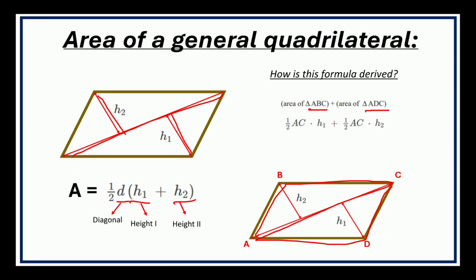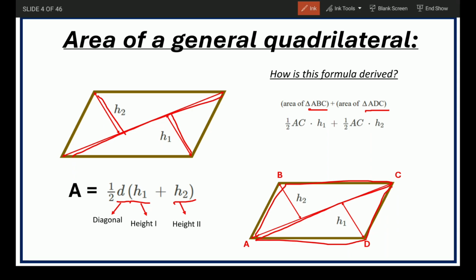Next, we'll simplify their areas. Now for ABC, the formula is 1 by 2 B H. So AC over here is the B, 1 by 2 B, and H1 is the height. So that is represented over here. And similarly for ADC as well, it's 1 by 2 AC, this length, and H2 over here. So now we've got the areas of both of them.